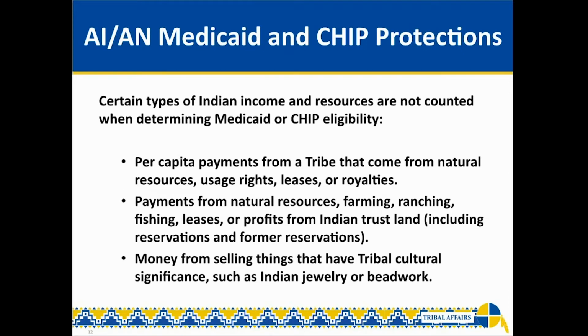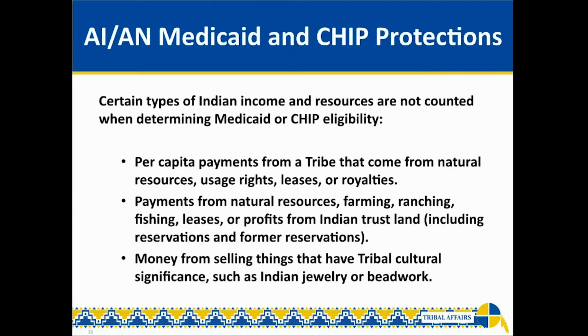Income determinations for Medicaid and CHIP are different from the Marketplace. In Medicaid and CHIP, certain types of Indian income and resources are not counted when determining eligibility. This slide lists some of the types of income that are not counted in Medicaid.